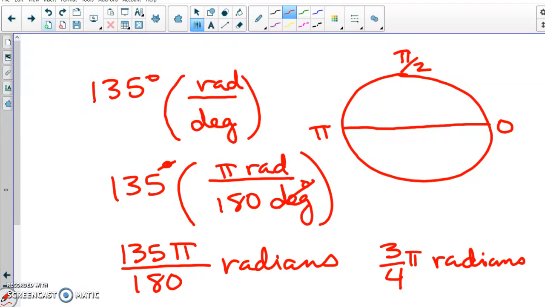I know that 3/4 lies right there. 1/4, 2/4, 3/4 pi. And it would make sense to us, I would hope, that that would also be representative of 135 degrees.